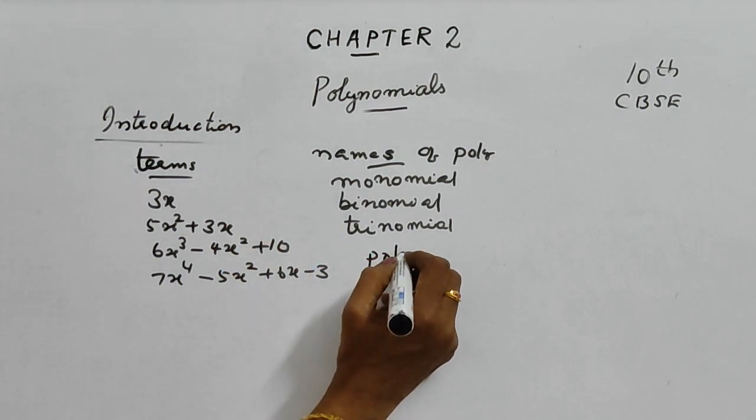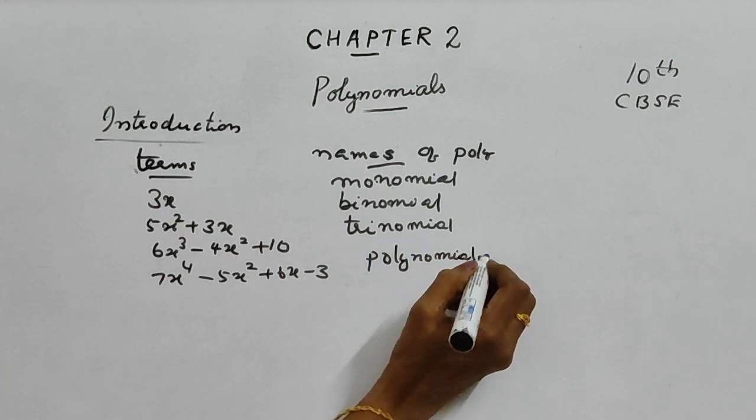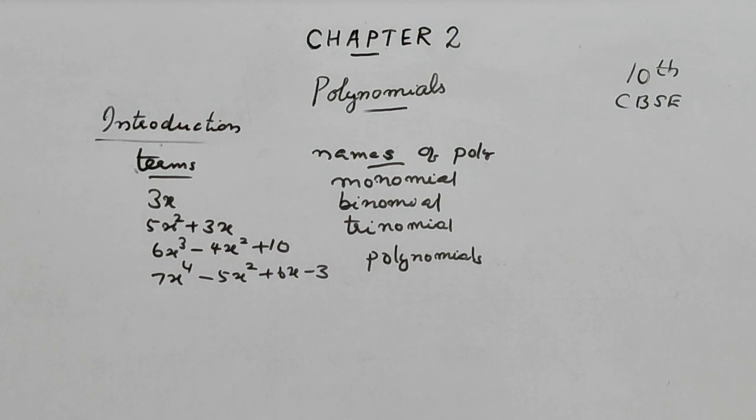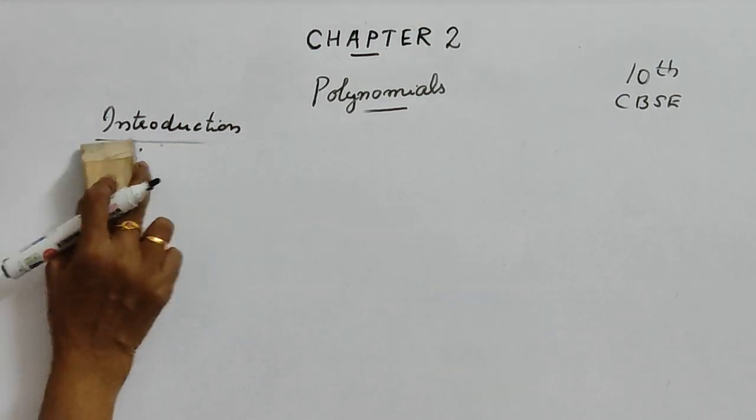More than 3 we call it as polynomials. Okay, we call it as polynomials. Now polynomials have a general form.